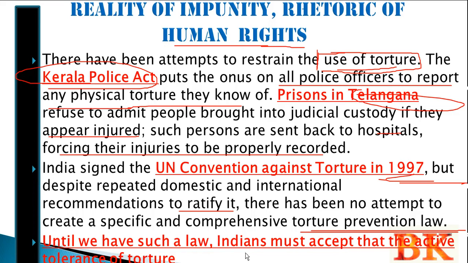Until we have such a law, Indians must accept the active tolerance of torture. It can be reformed as strong legal measures, political will and other steps are taken. We will also discuss it in detail post prelims, so don't worry about that.